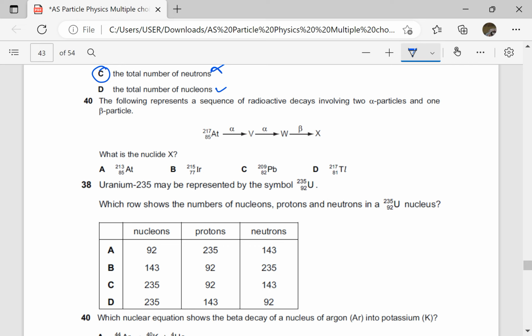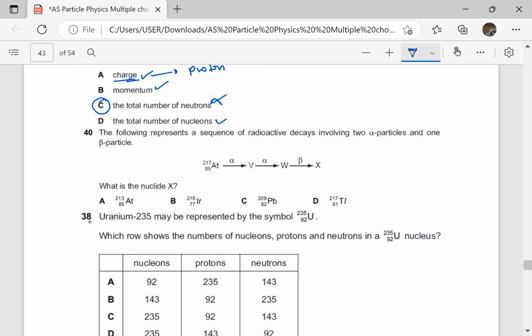The following represents a sequence of radioactive decays involving 2 alpha particles and 1 beta particle. What is the nuclide X? So here the alpha particle is 4, 2. So this one has 213, we subtract 4, and 85 minus 2 is 83.